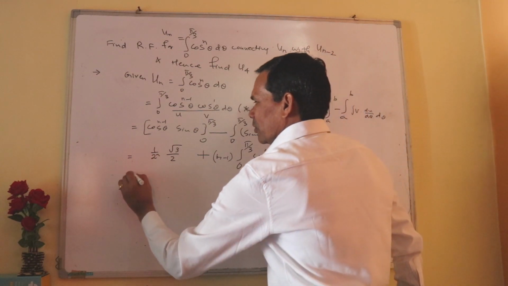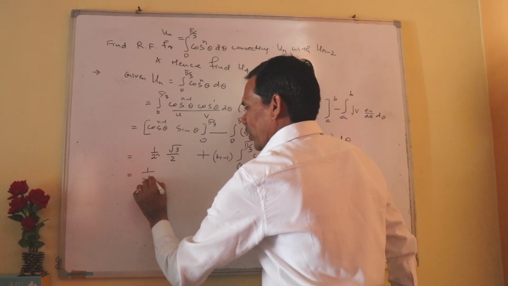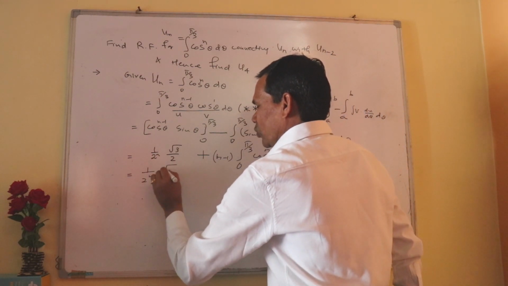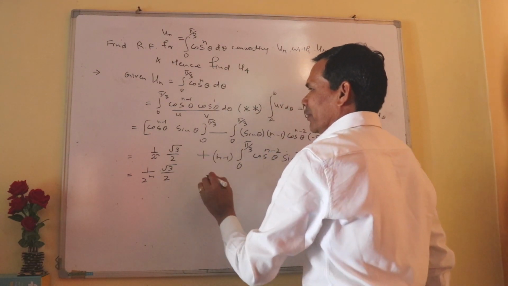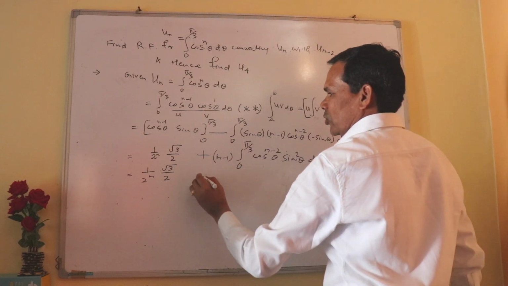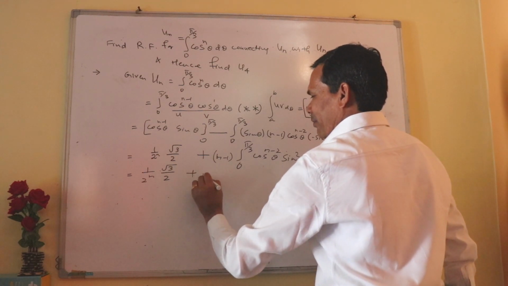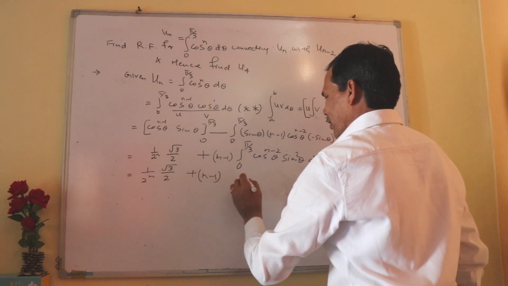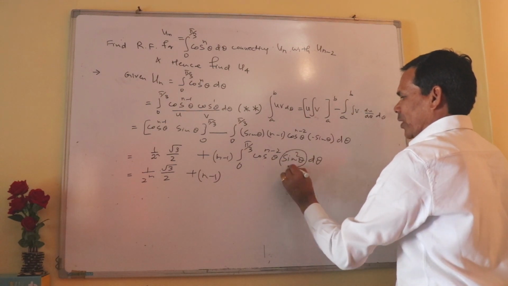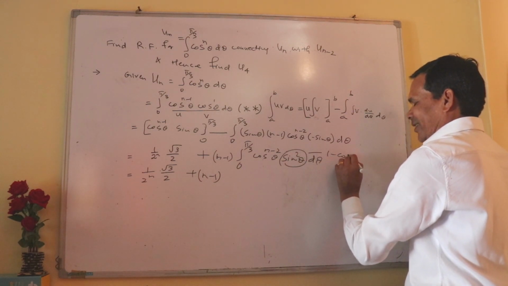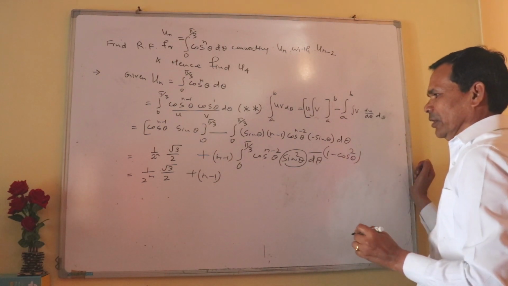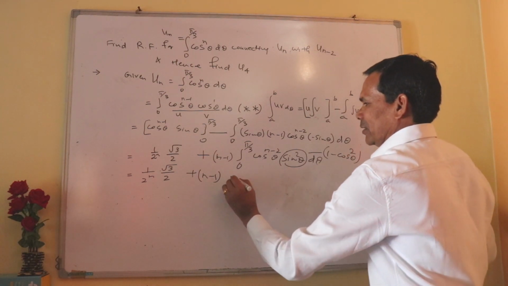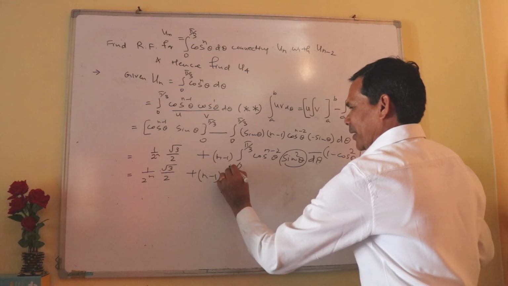So this is 1 upon 2 raised to n, root 3 by 2, and the lower limit, its value naturally is 0 because sin 0 is 0, plus n minus 1. And here we replace this sin square by 1 minus cos square, because we are finding the formula for cos. So we replace this, and on simplification you may get this.